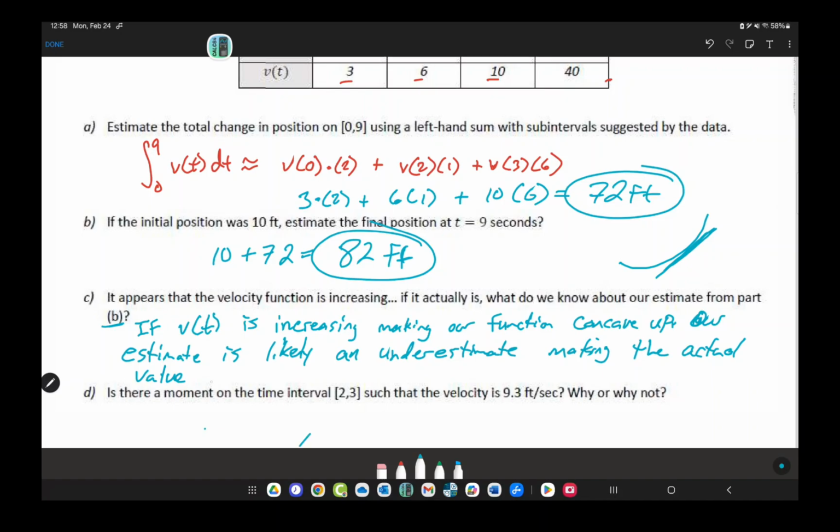So the actual value at t equals 9 is greater than 82 feet.